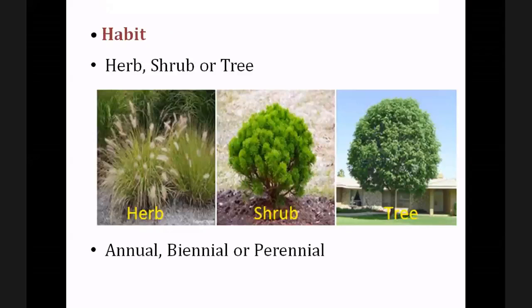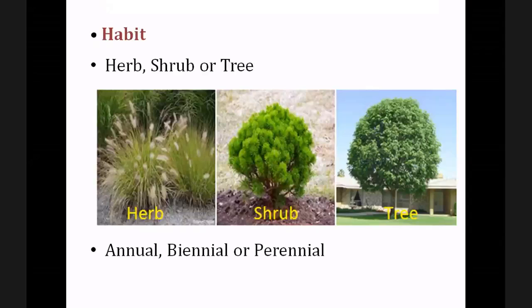The second aspect is the habit. The first one is the habitat, the locality of the plant, where they live. The second one is the habit. Habit means we define the overall shape, the overall appearance and the growth form of the plant.